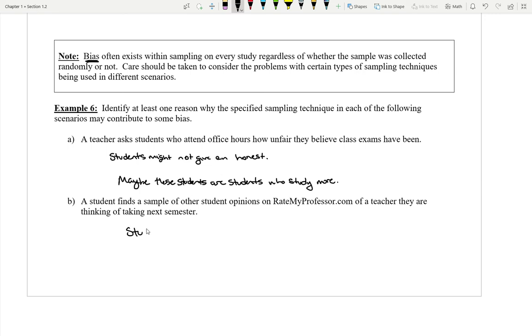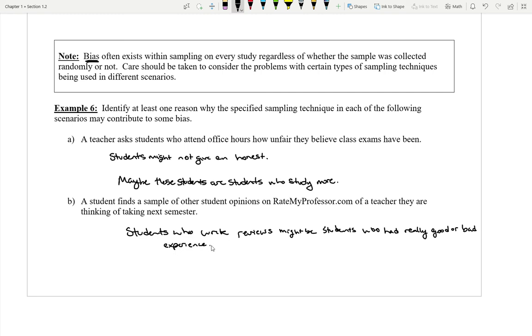So maybe we could say that students who write reviews might be students who had really good or potentially bad experiences.